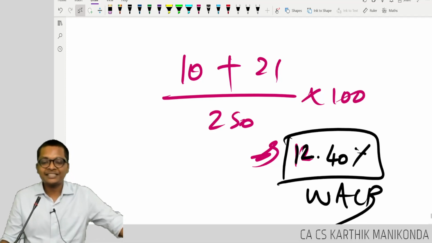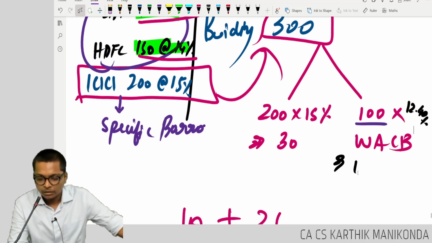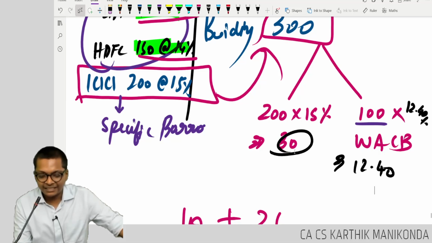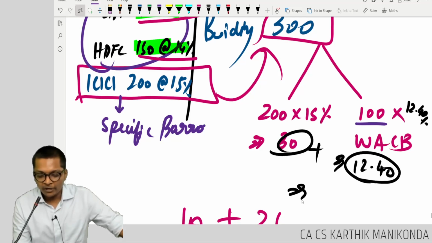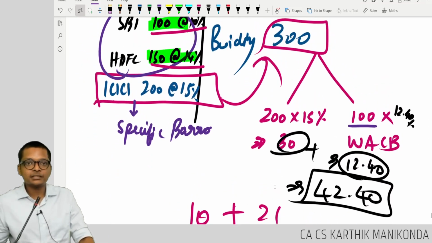Are you understanding, guys? Now I will apply 100 into 12.4%. How much are you getting? 12.4. So total interest to be capitalized is 30 plus 12.4. How much? 42.4. Are you understanding, guys?